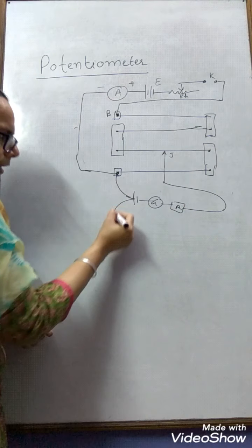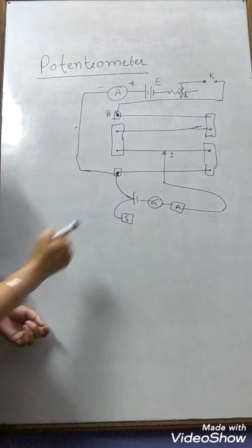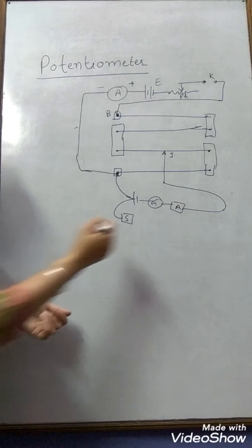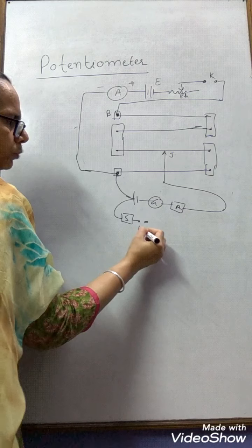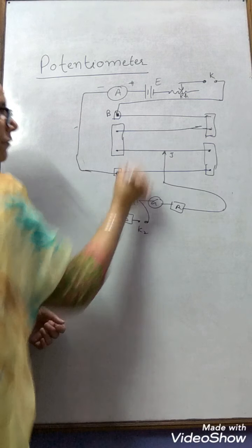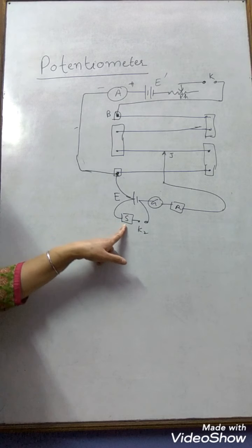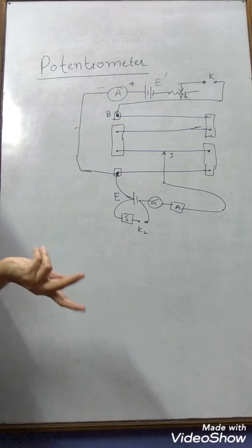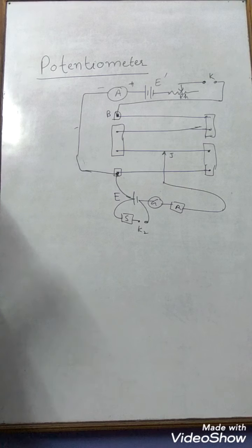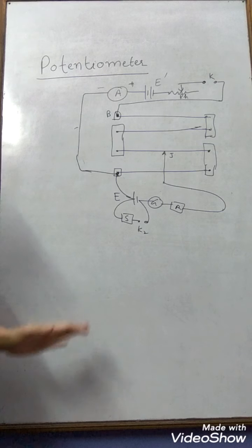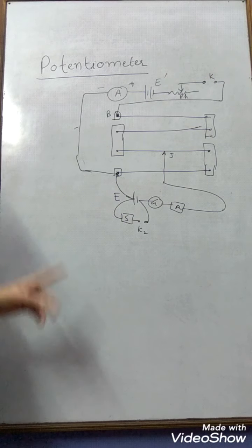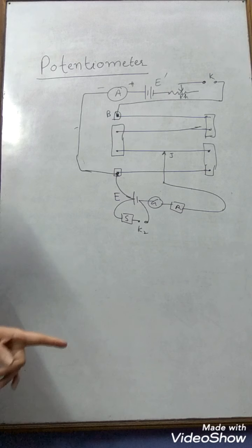Here we have one more resistance box, called the shunt, and the key K2. This is the EMF E, then we put here E dash. Now what is this shunt? This is not a special type of resistance. This is a resistance of small value that is always connected in parallel.